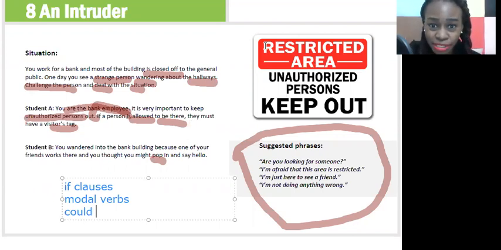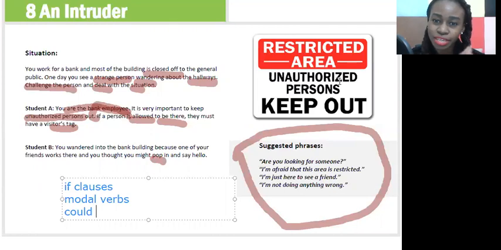So restricted area. What is the meaning of restricted? Restricted means it has limited access. Not anybody can get into this area or office or building. So restricted area, unauthorized persons.